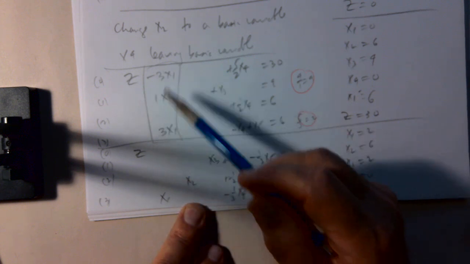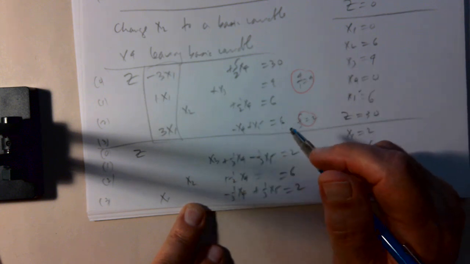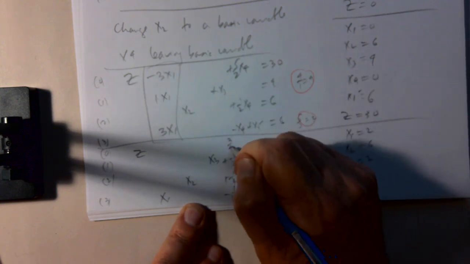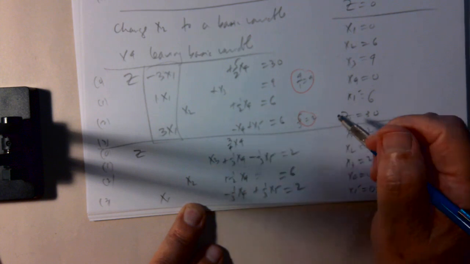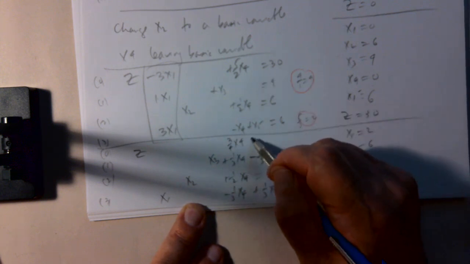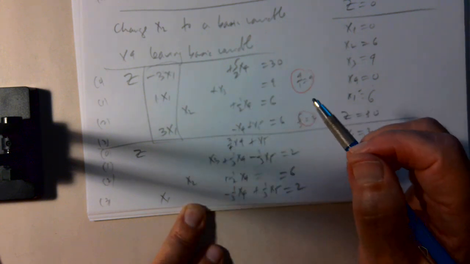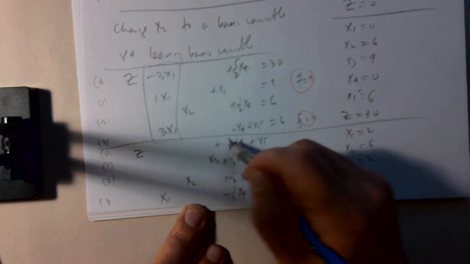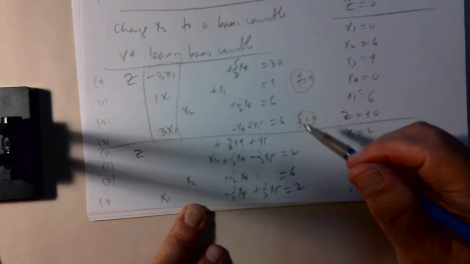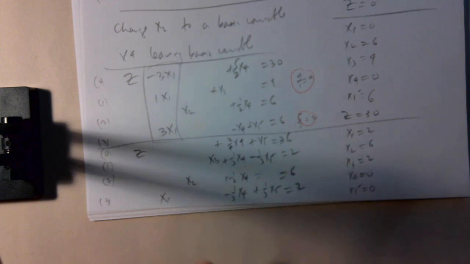So I get z, this is 0, 5 halves minus 1 is 3/2 x4, plus 0 plus x5. And 6 plus 30 is 36.